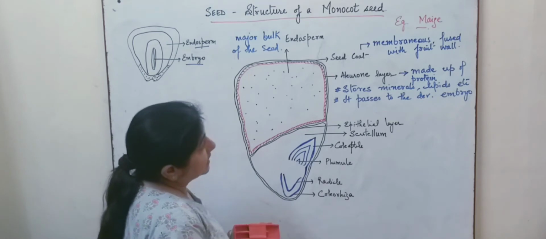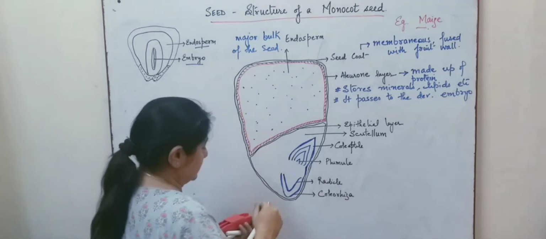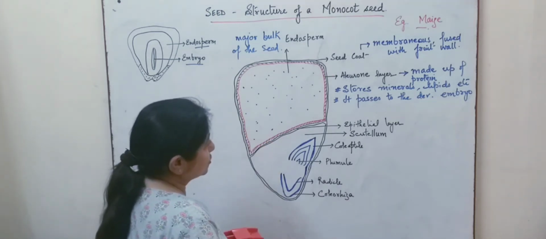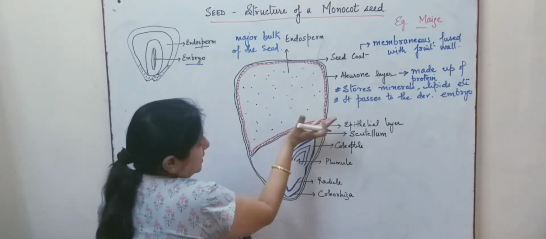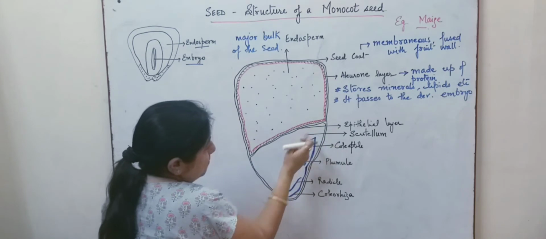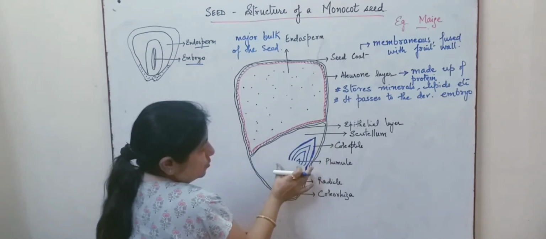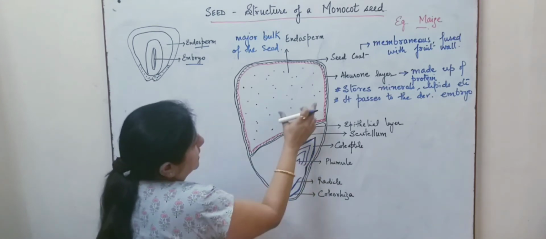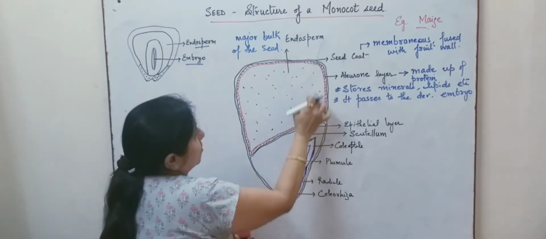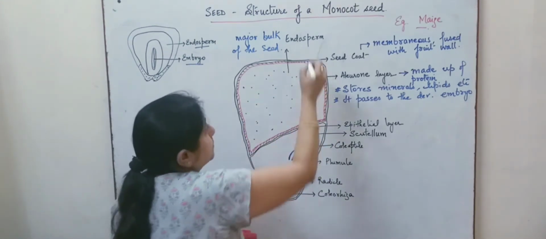Now the maize or the monocot seed has another structure that is actually partitioning or dividing. The main embryo is situated in a groove at one corner, and the major part of the seed is occupied by the endosperm.